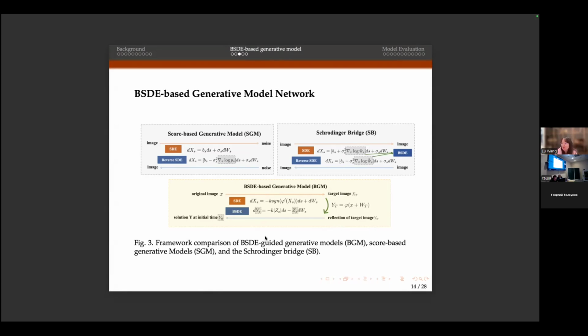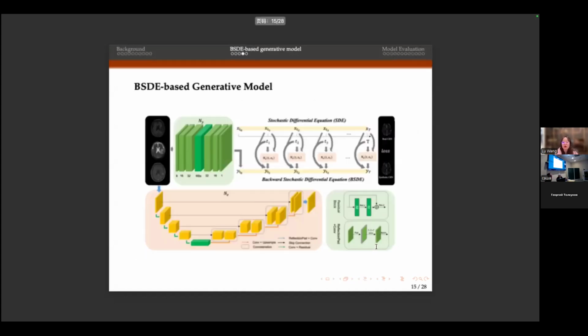That is the difference between our method and the diffusion models or other existing work. So you can see that we do not use a reverse SDE anymore. We just use the BSDE this time. So this is the network. I will ignore the details.